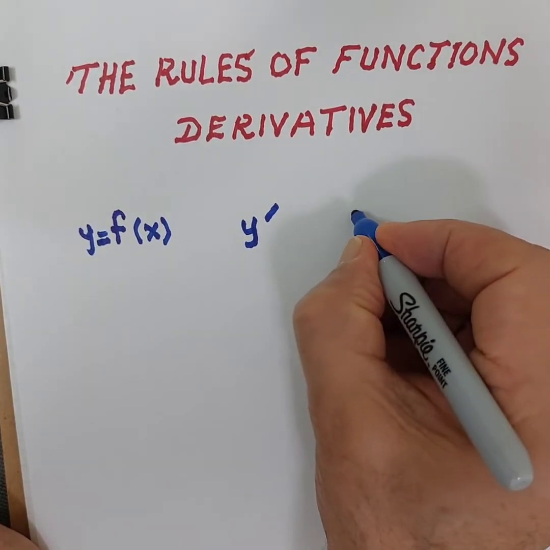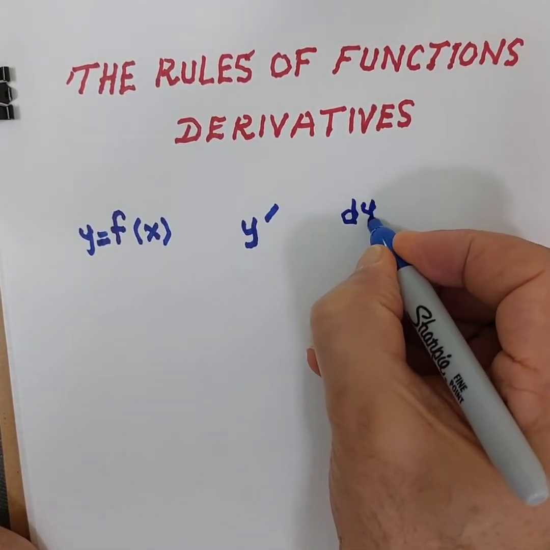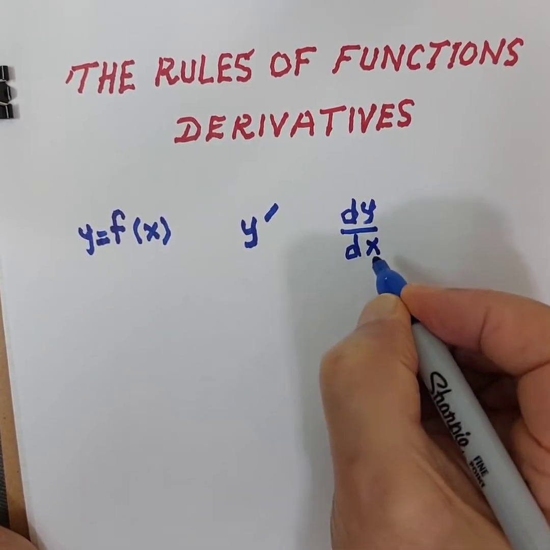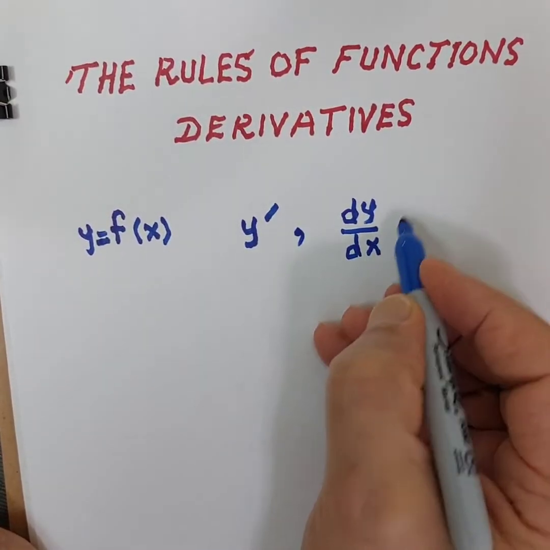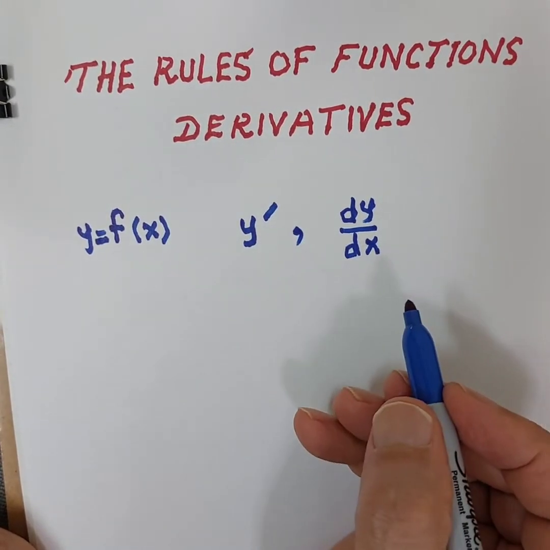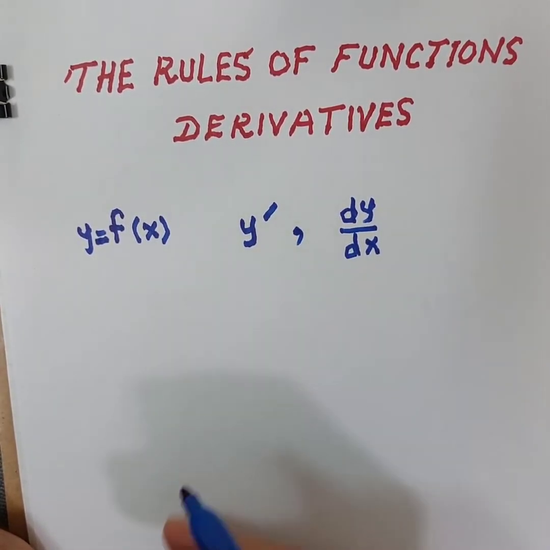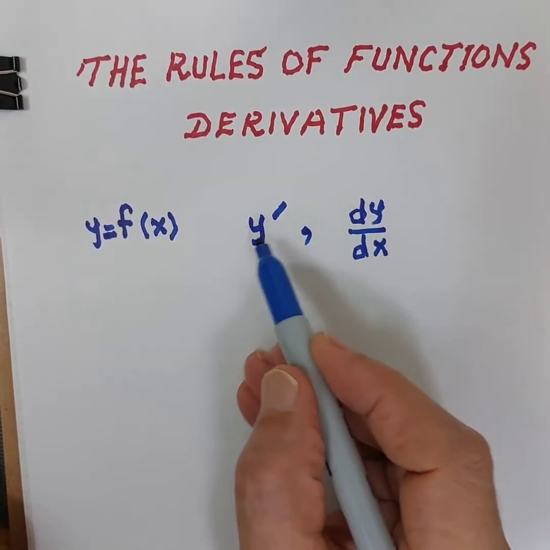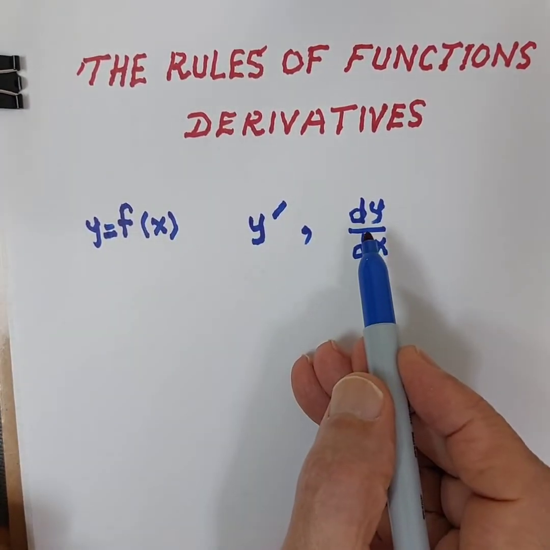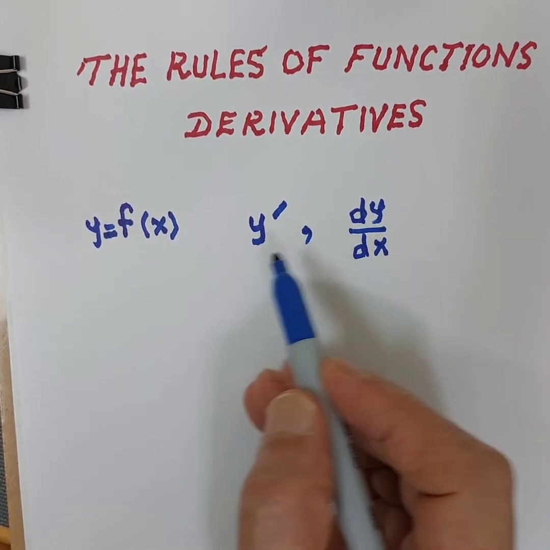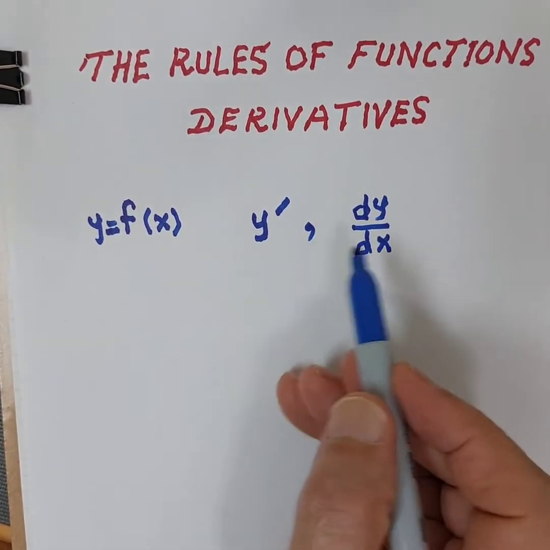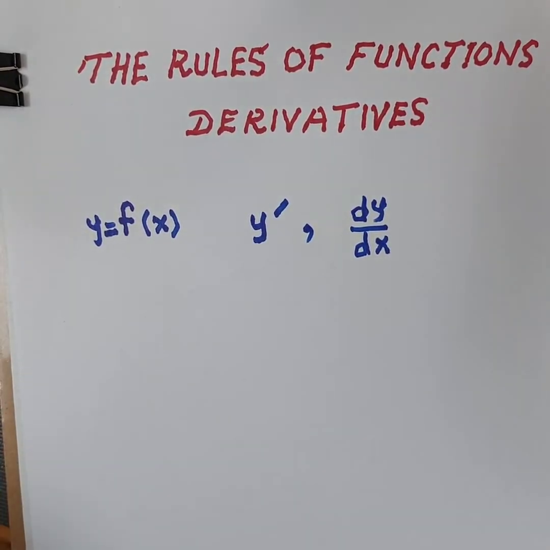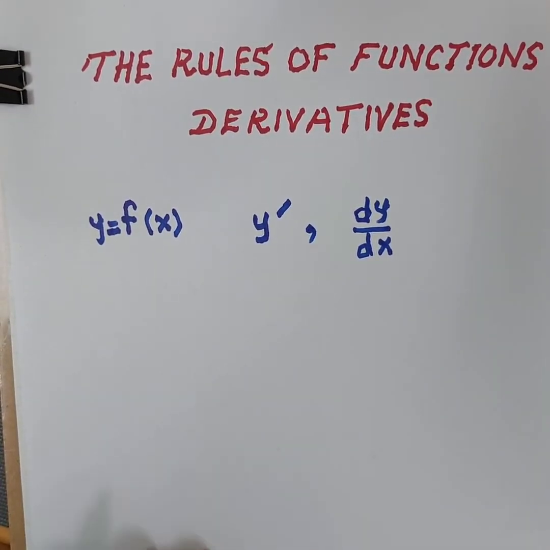Or we can use dy by dx. So these two symbols can be used to refer to the same meaning. During the solution of the problems or questions, we will use sometimes this, sometimes this. And don't be confused because they are the same meaning. Okay? Now we start with the first rule.